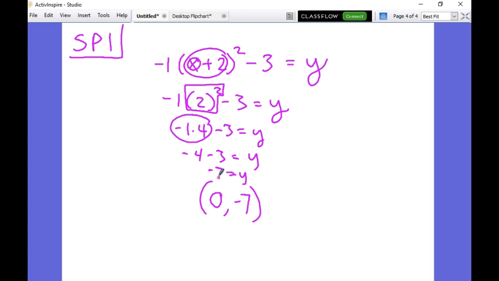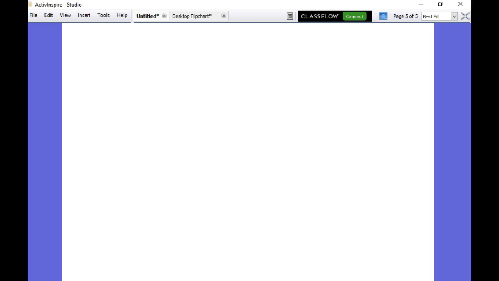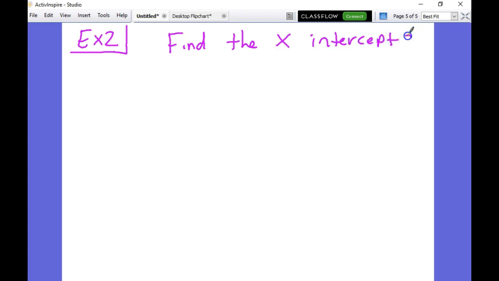Okay, now that's a little bit easier. I'm not saying it's easy, I'm just saying it's easier than the next part. The next part is finding the x-intercept. It's a little bit different. So let's go ahead and do the x-intercepts. I'm going to call these ones the pretty answers.